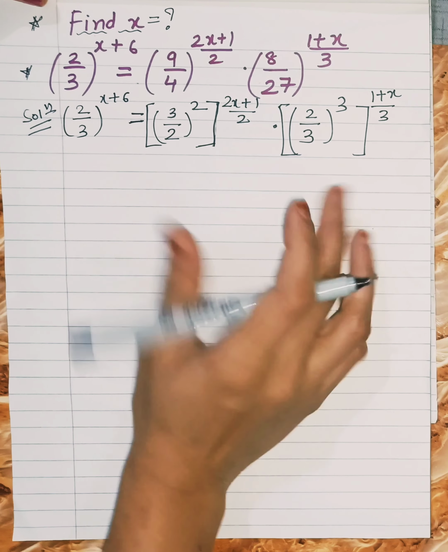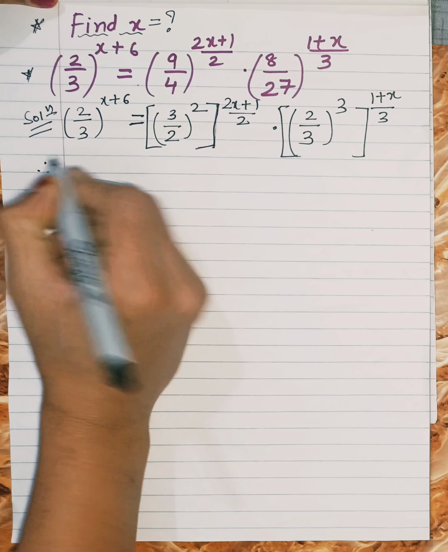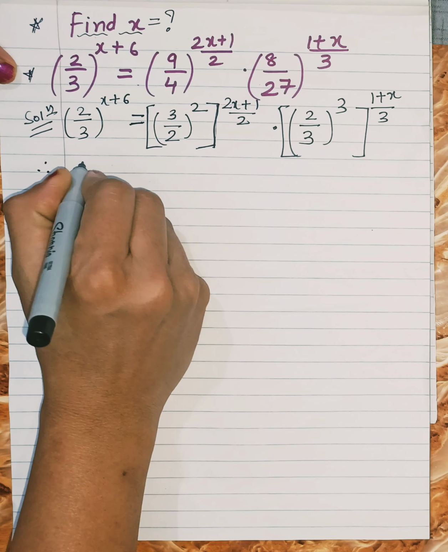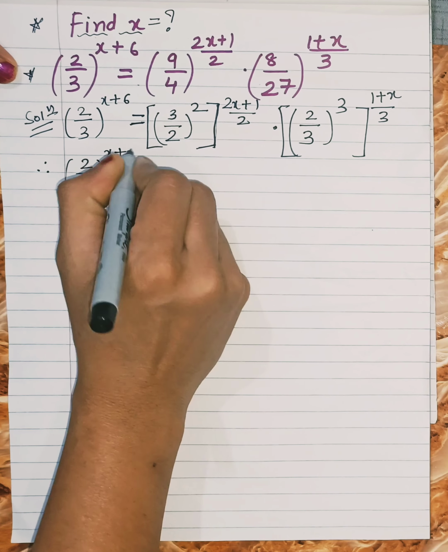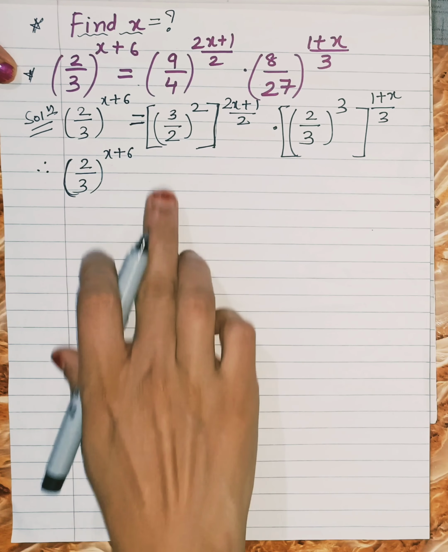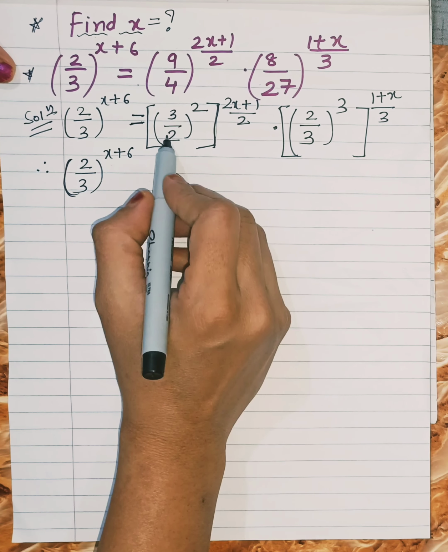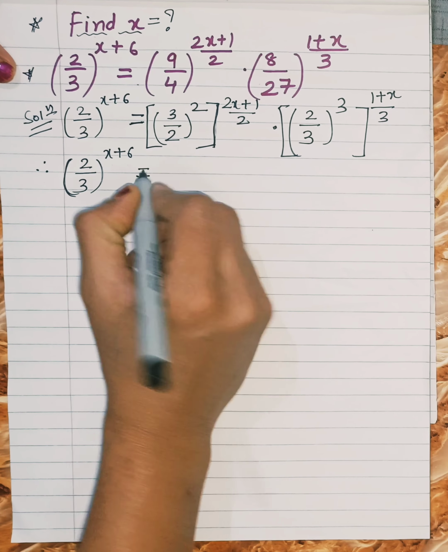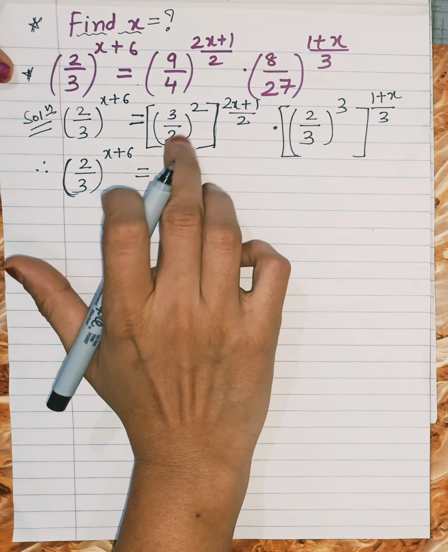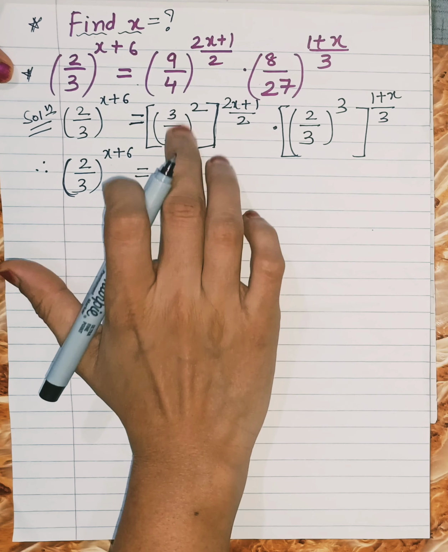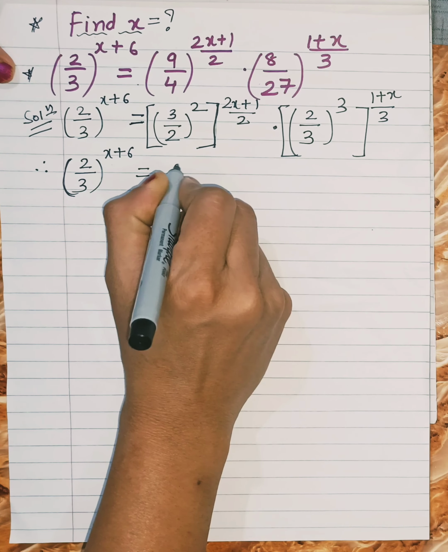Now further moving ahead, this part I am keeping as it is, (2/3)^(x+6). Now here if you see 3/2, I am trying to make the bases same. So in place of 3/2, I can take the reciprocal and write it as 2/3.